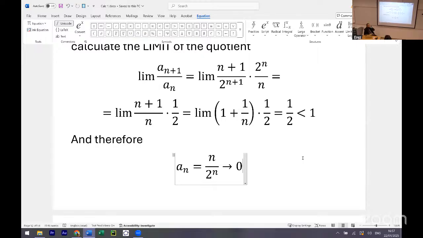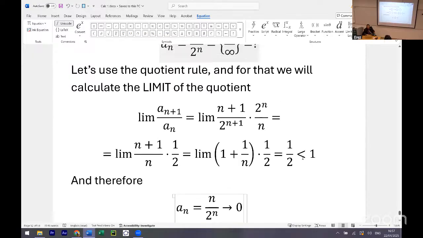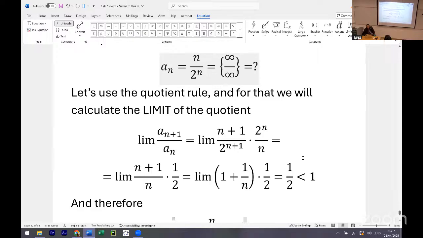I don't get it. So we grab the original, which is n over 2 to the n. Then we take the quotient between an element and its former element in the sequence, and we calculate the limit. We basically said that the quotient between two elements is more or less half.